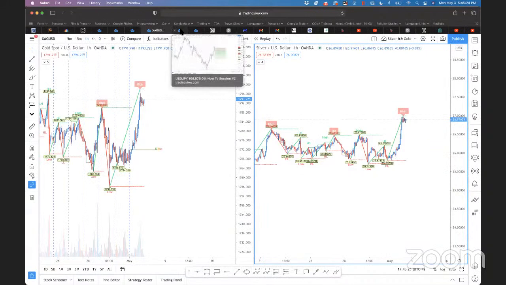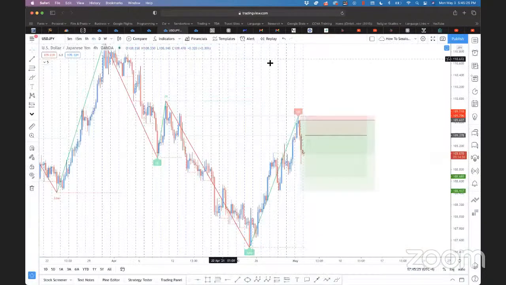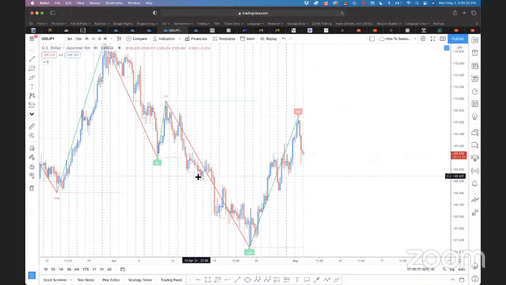If you guys are trading break and retests, you can still do break and retests. What you can do in a lot of cases is take this high that's been made, just like over here. I got a high.